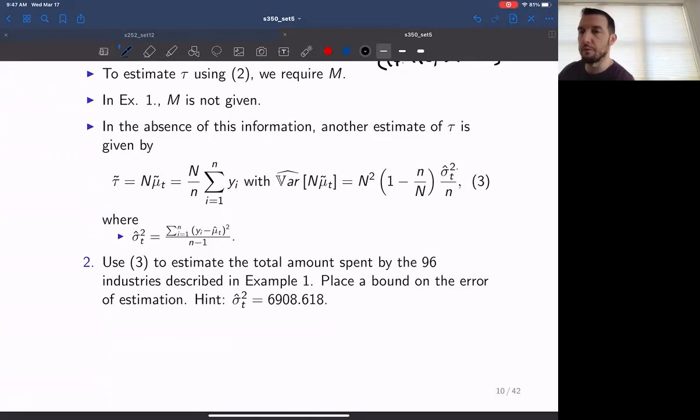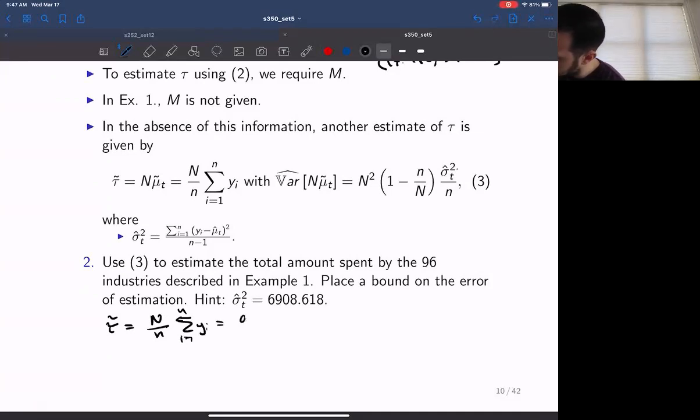So tau tilde is equal to capital N over little n multiplied by the sum from i equals 1 to n of the yi.